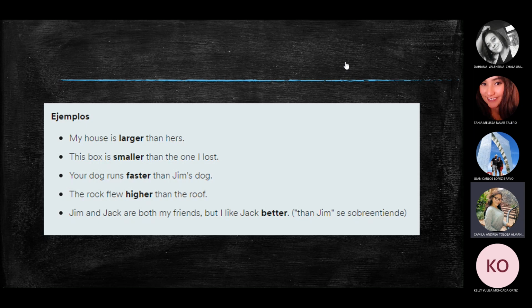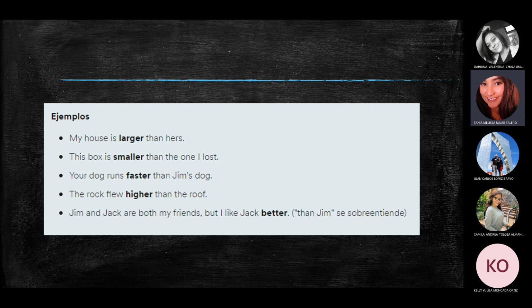I think that is because there is one rule that says when a word has like four or more syllables, we have to use more, and when we have one or two syllables, we have to add er depending on the word. Exactly, good job.